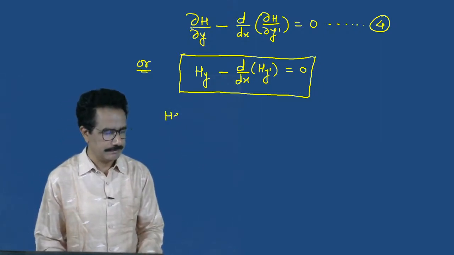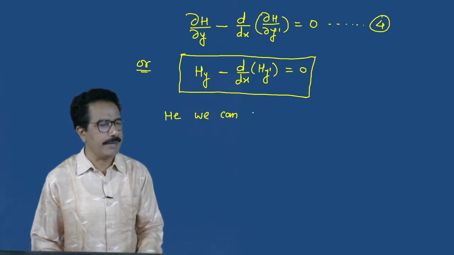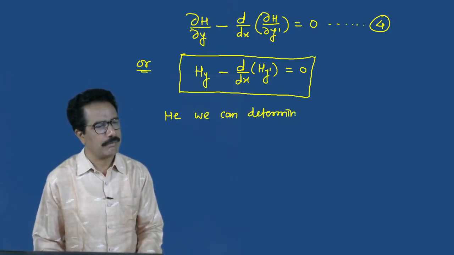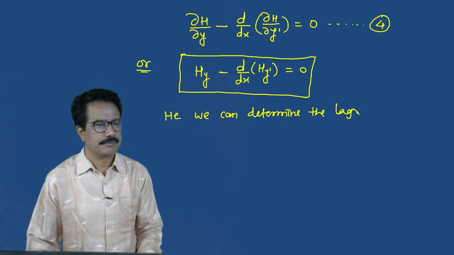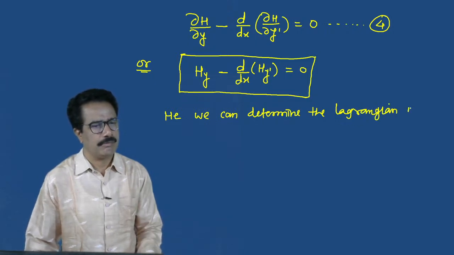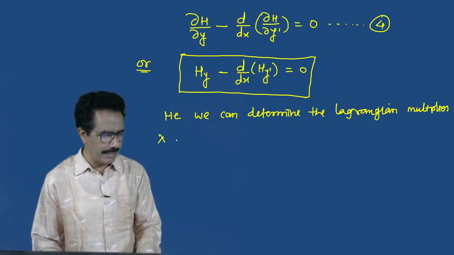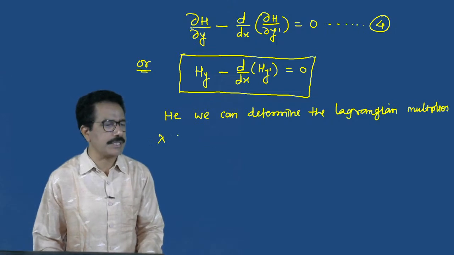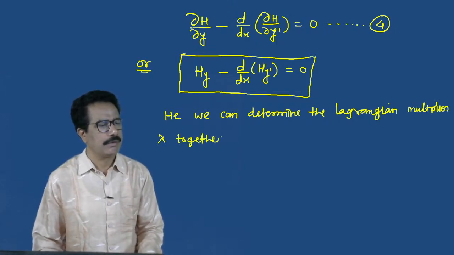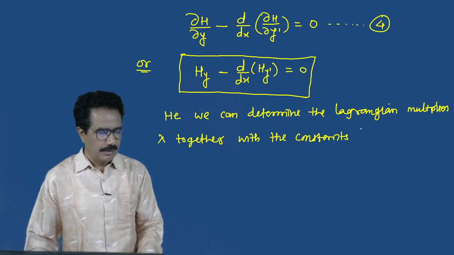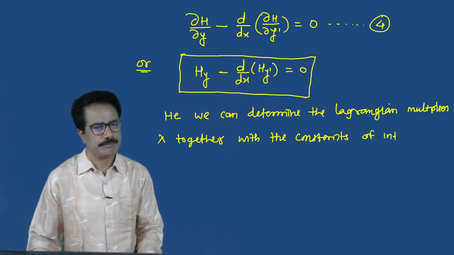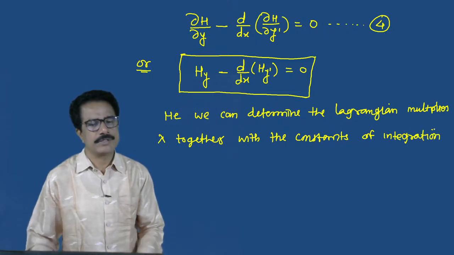Here we can determine the Lagrangian multiplier lambda together with the constants of integration.